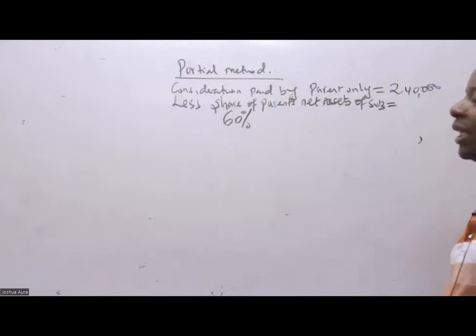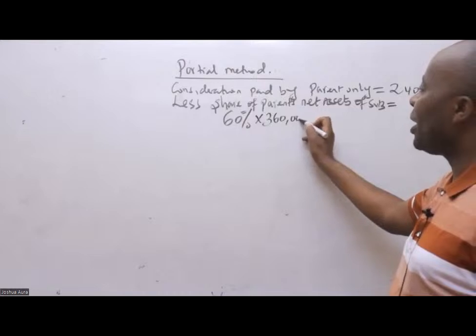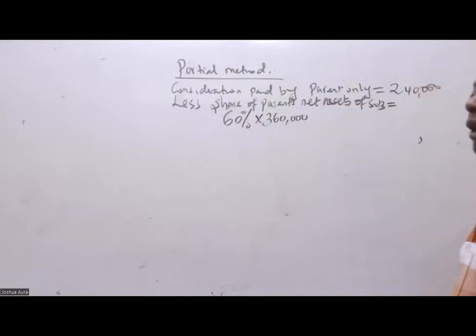So 60% of 360, the total net assets of the sub, which gives us $216,000.